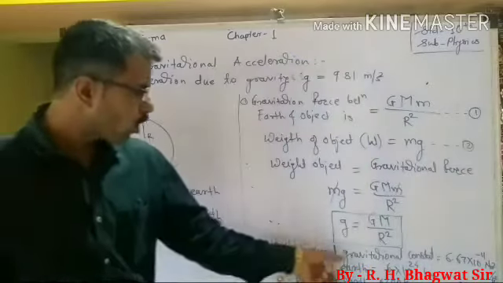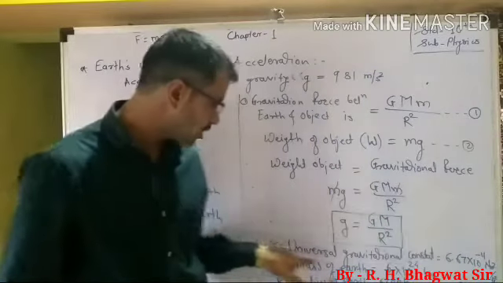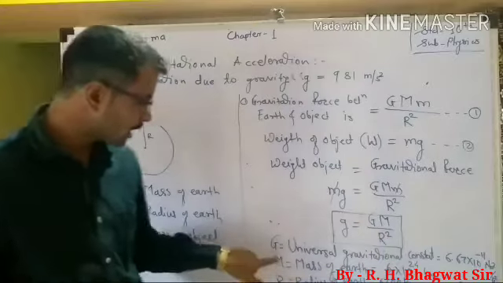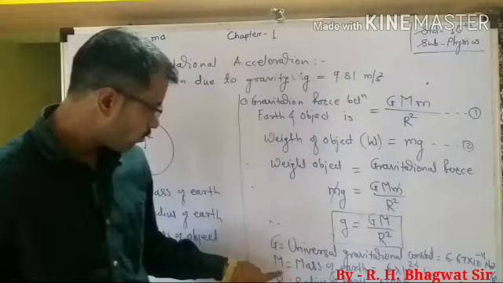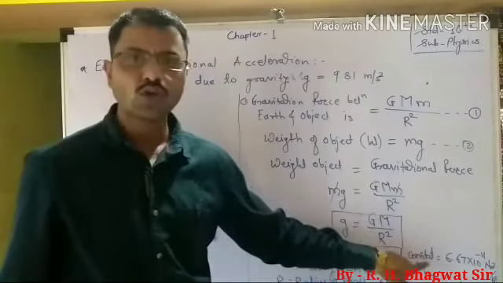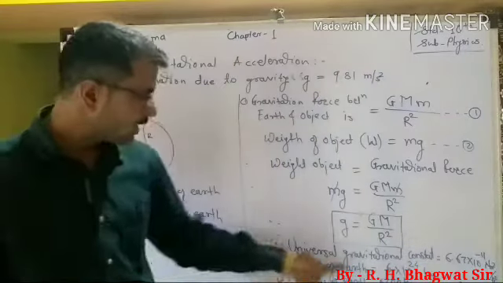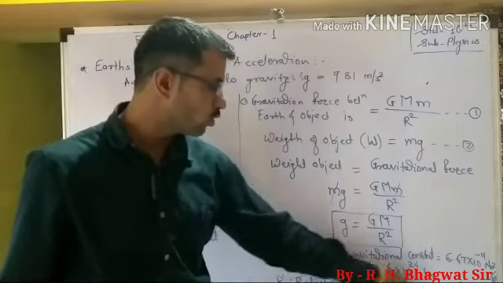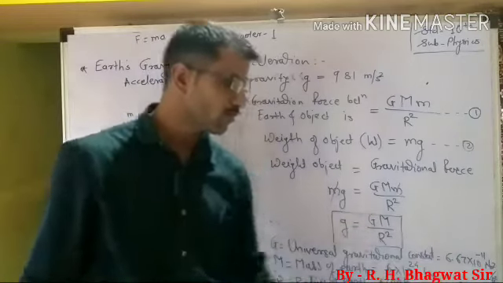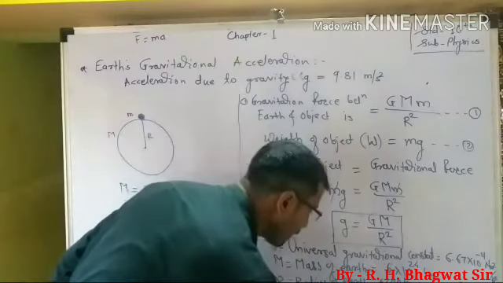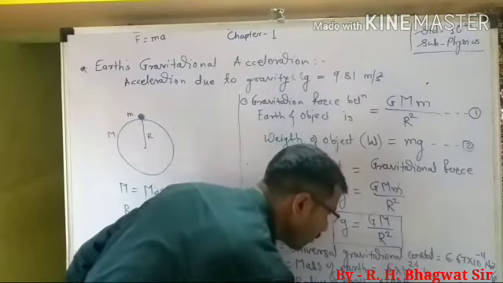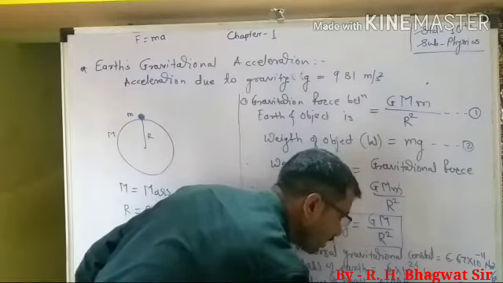Now, when we put all these values, the universal gravitational constant G 6.67 into 10 raised to minus 11, the mass of Earth 6 into 10 raised to 24 kilograms, and the radius of Earth 6400 into 10 raised to 3 meters, and calculate, g becomes 9.81 meters per second square.